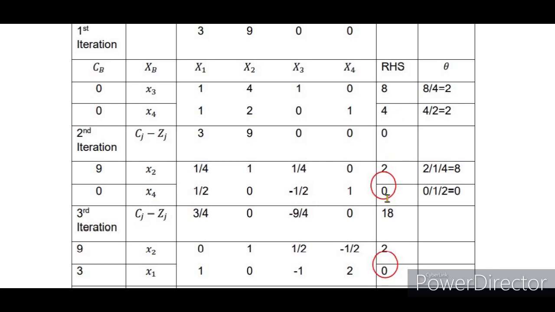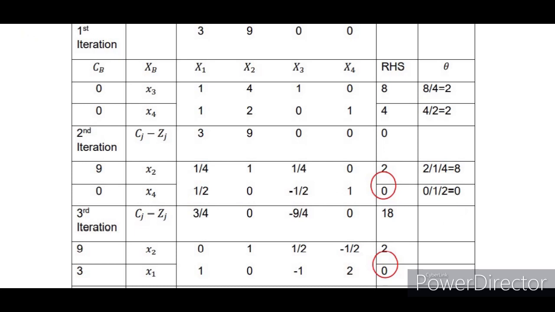Okay, so we will now choose the highest positive value for our third iteration. The highest positive value here is the column x sub 1, which is 3/4. And we will compute now for the theta. So 2 divided by 1/4 is equal to 8. 0 divided by 1/2 is equal to 0.